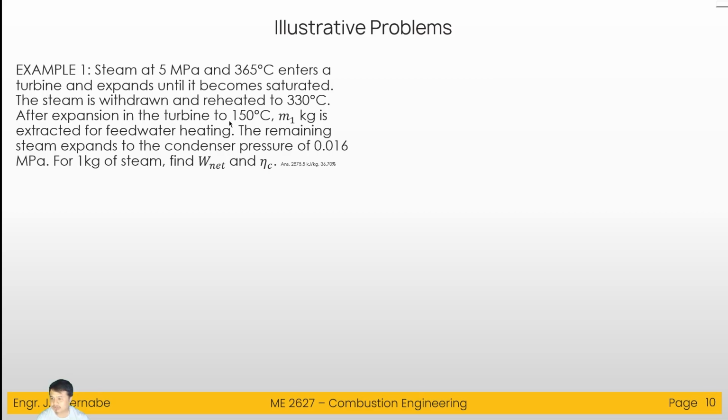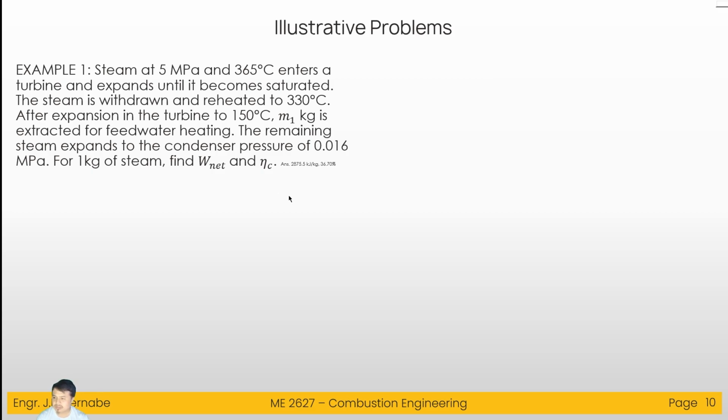After expansion in the turbine to 150 degrees Celsius, m1 kilogram is extracted for feed water heating. The remaining steam expands to the condenser pressure of 0.016 megapascals. For 1 kilogram of steam, find the net work and the cycle efficiency.